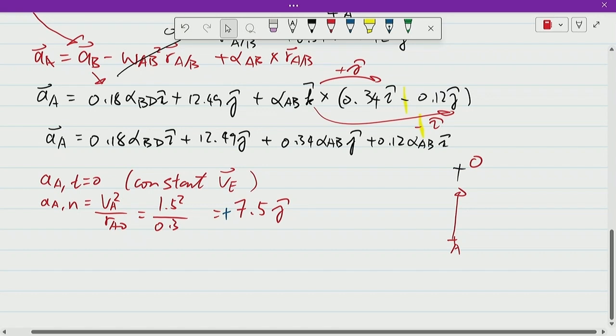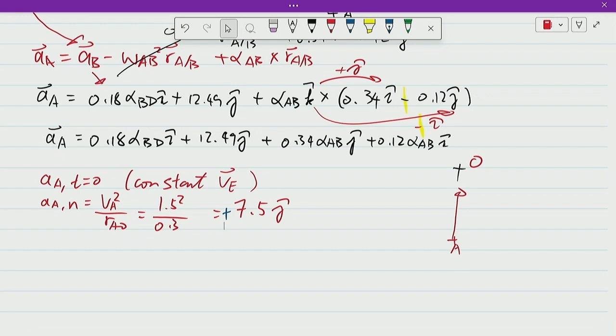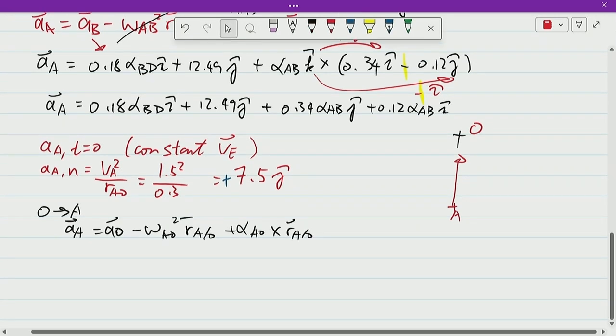Zero alpha BD. So then you can go from O to A. This is going to give you basically your alpha.